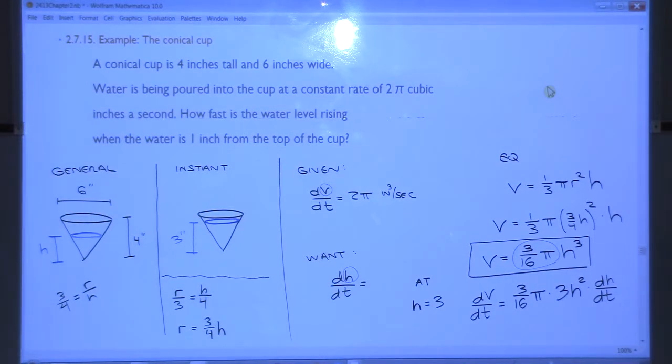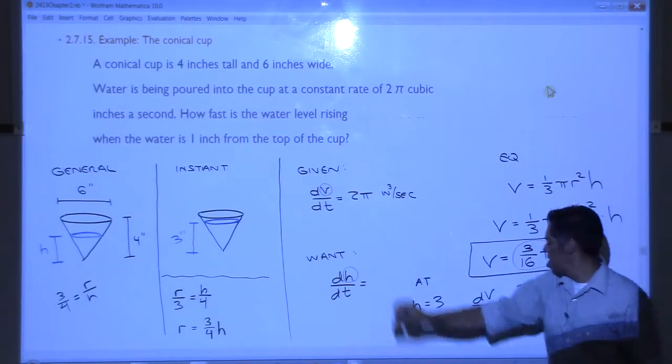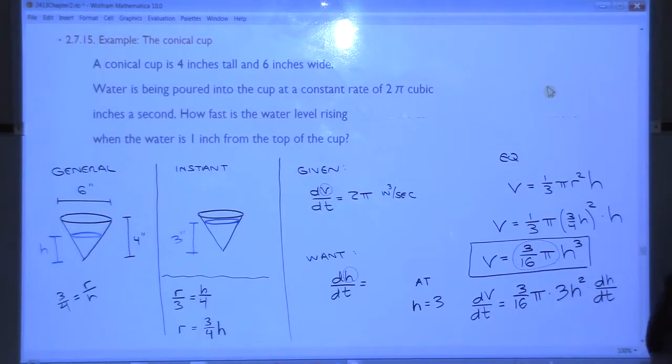And now we just take a look at this. dV/dt, we are given 2 pi. This is all a constant. We need to know what h is, but now we can snap the picture, right? Now we can freeze everything in time. Do we know the height of the water at the moment in time? 3, right? dh/dt is what we're trying to solve for. So let's just finish it out.